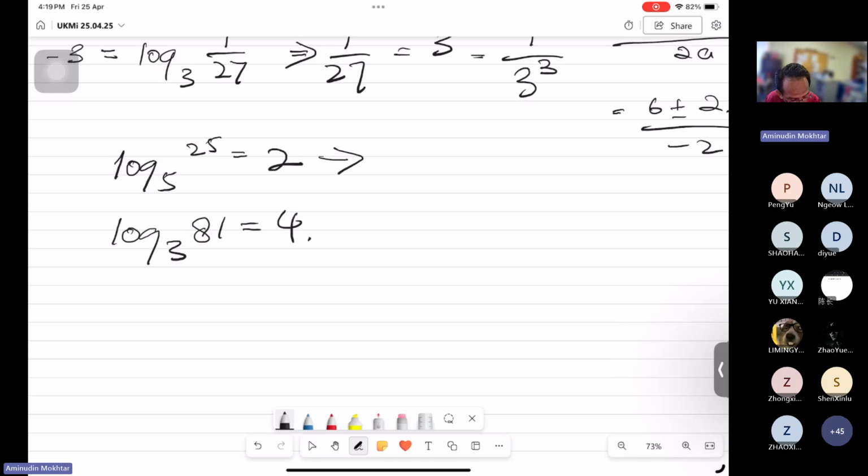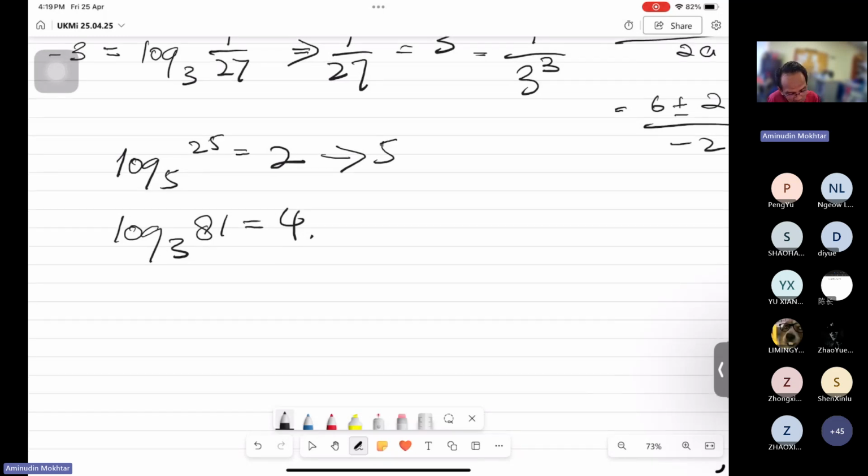This log tells us, in other words, what power we have to raise 5 to in order to get 25. Of course, the answer is 5 to the power of 2: 5 times 5 equals 25.